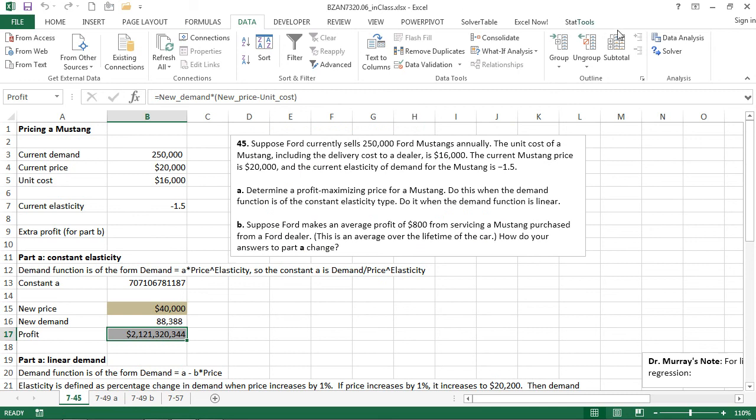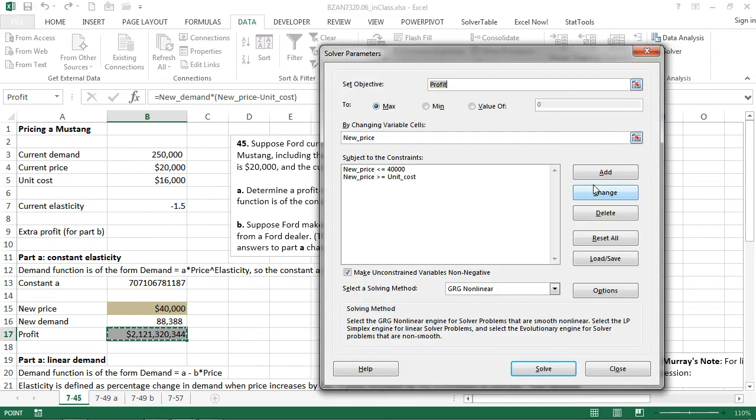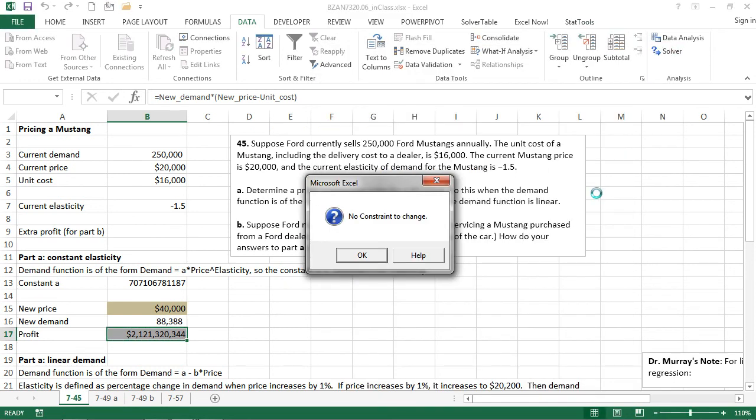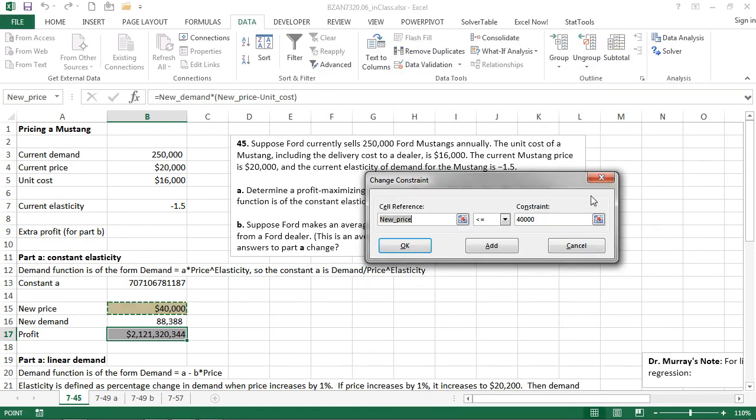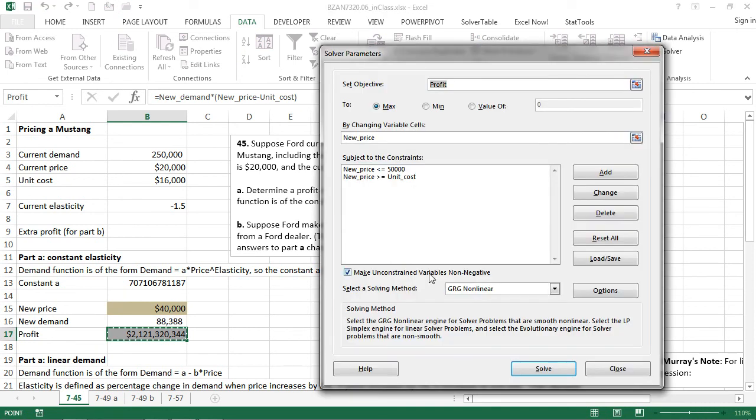Let's go back into Solver, and let's change the maximum constraint. Let's change it to 50,000. Try it again.